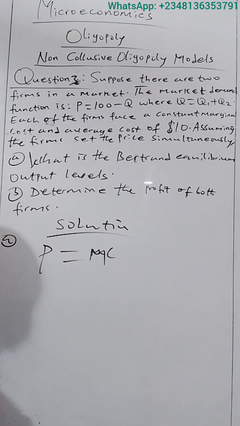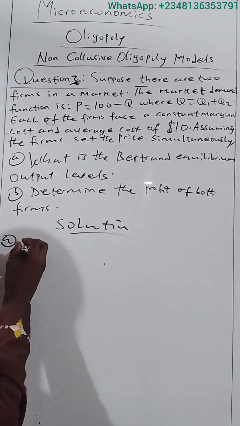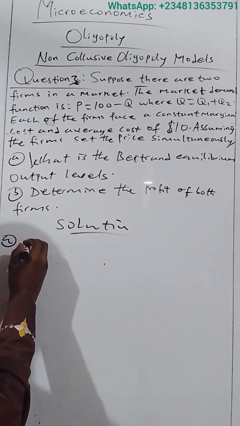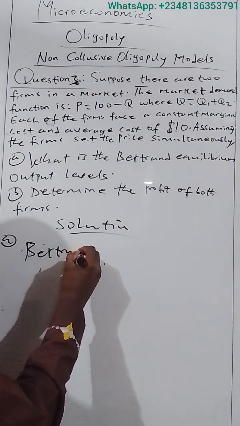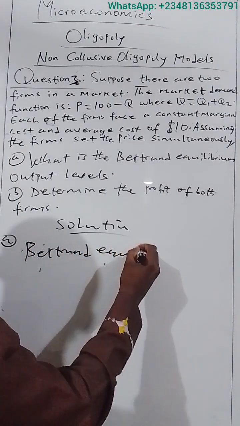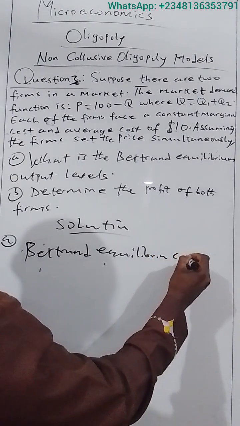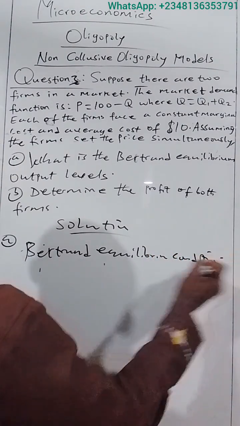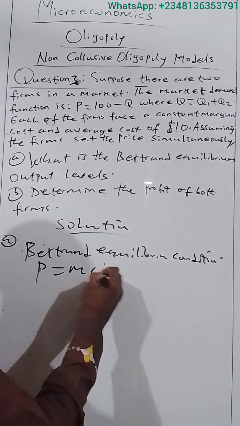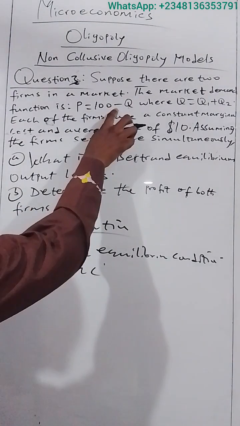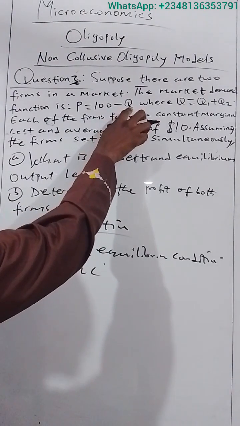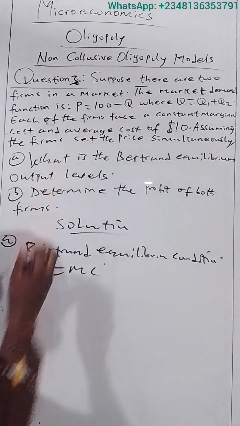So you remember that for the Bertrand equilibrium condition, it is simply P equals MC. So where is our P? This Q is the total output in the market.